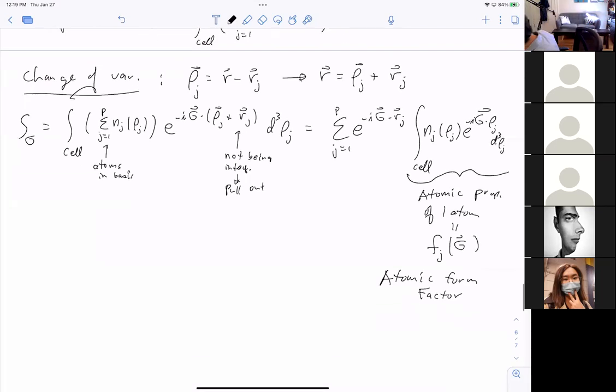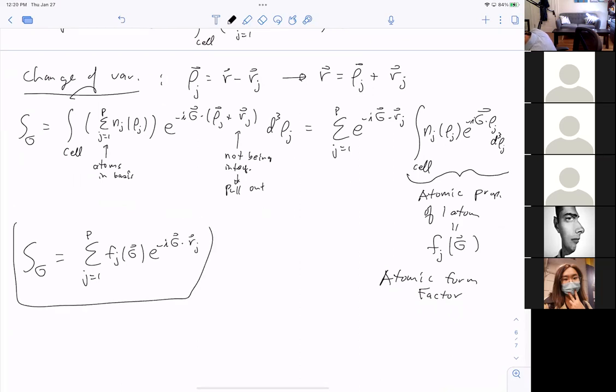And so what we have then is that the structure factor, S sub G, is equal to a sum over all the atoms in the basis, j equals 1 to p, of F sub j of G, e to the minus i G dot R j.